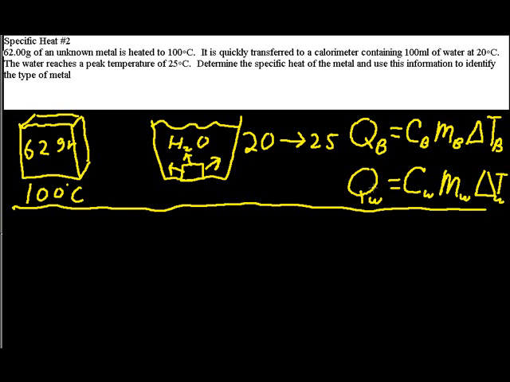So we're actually going to start here. This is the heat that moved into the water. And the amount that went into the water was in fact the amount of heat that came from the block. And so these two values are the same number, and by knowing that, we could then solve for this equation. So let's start here.